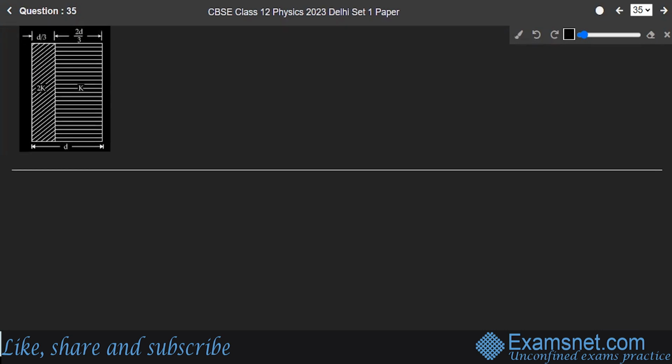So here, first thing, the initial charge on the capacitor, that is Q, is equal to C into V. This capacitor gets connected to another in parallel.